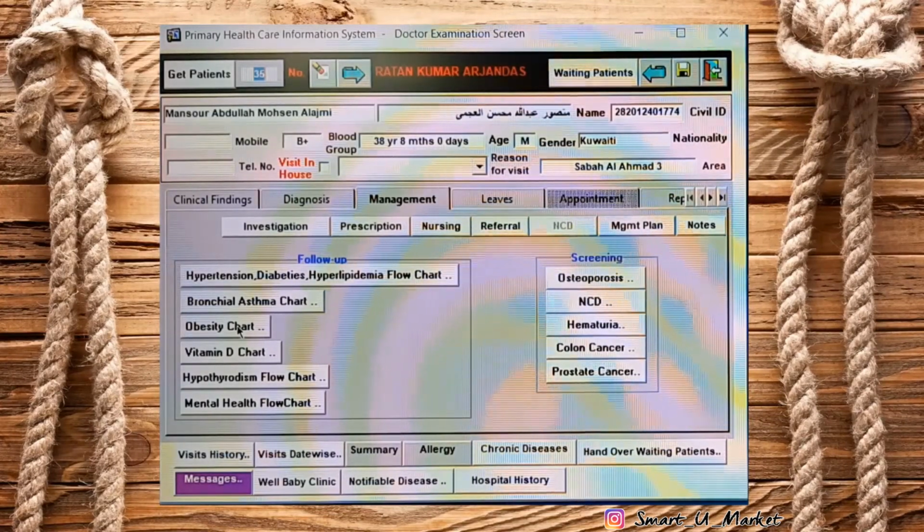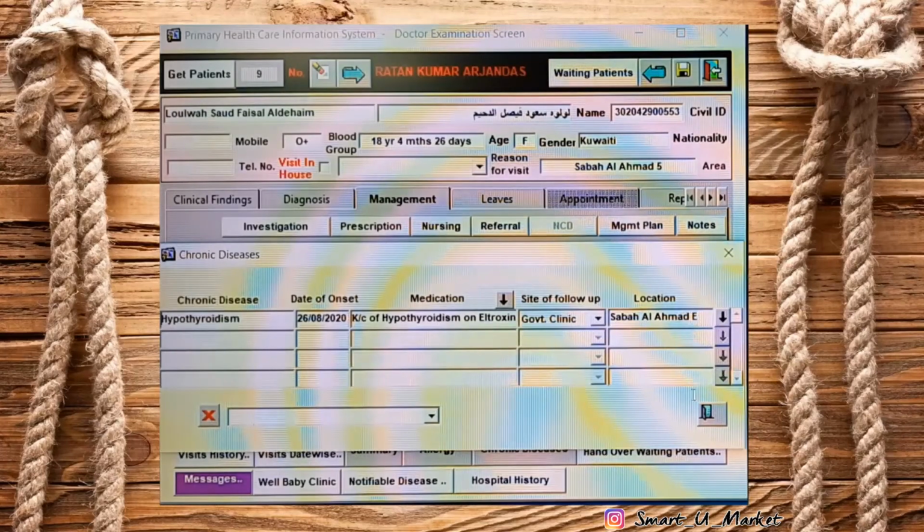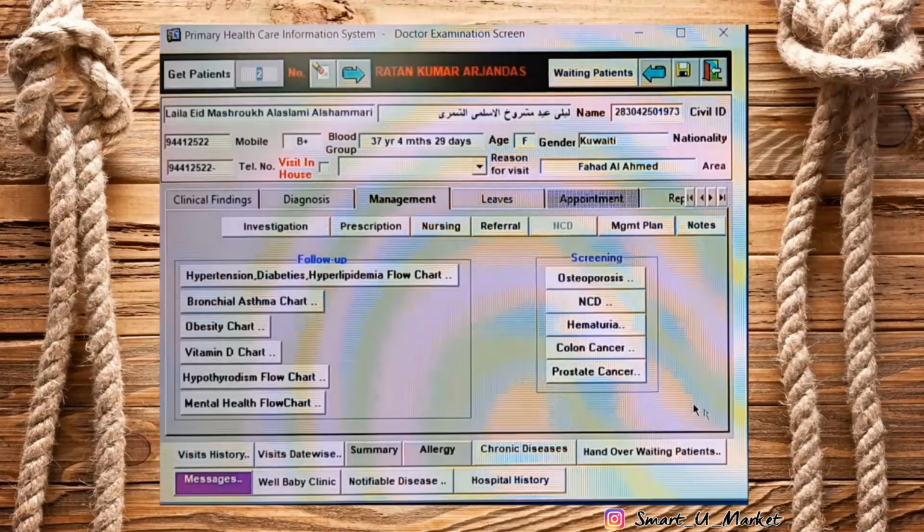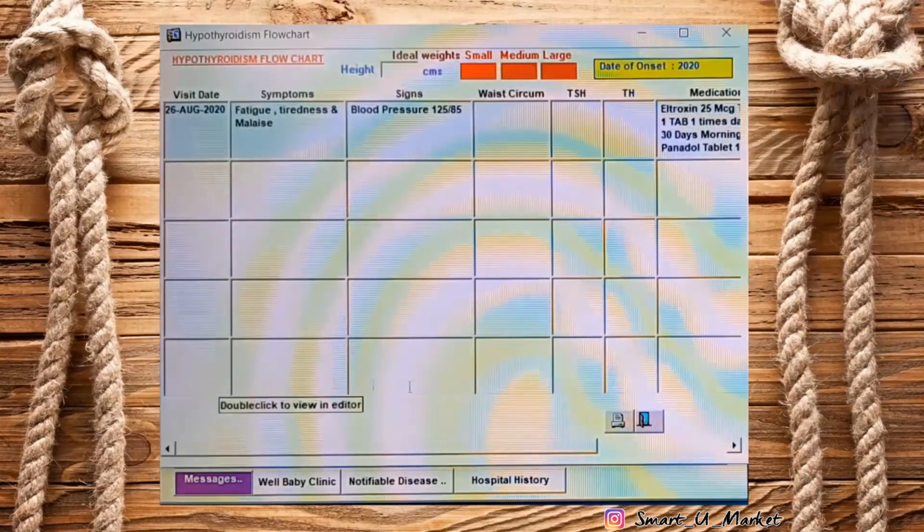And if the patient is obese, you have to at least go in that, and the vitamin D chart, hypothyroid chart. If the patient is hypothyroid, we will find it here. Like I can give you an example of that, a hypothyroid patient.